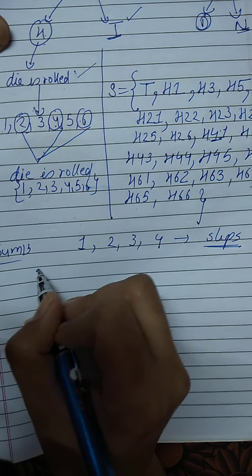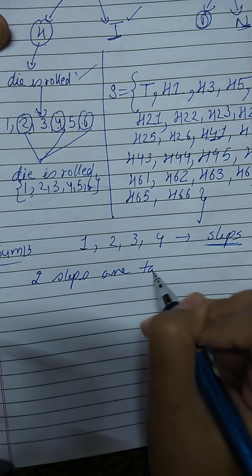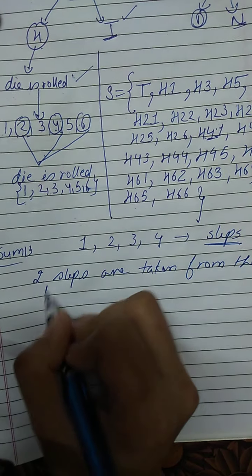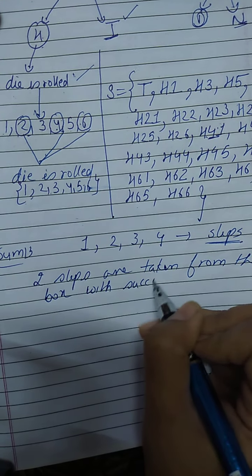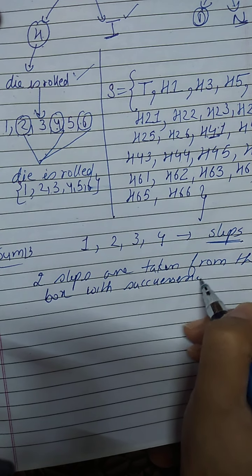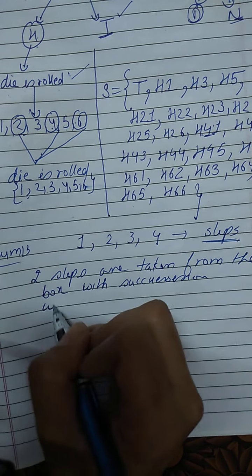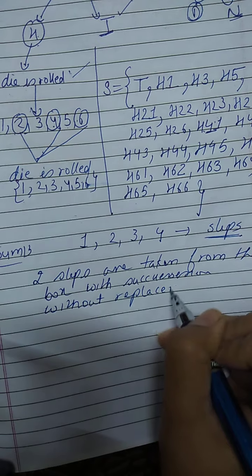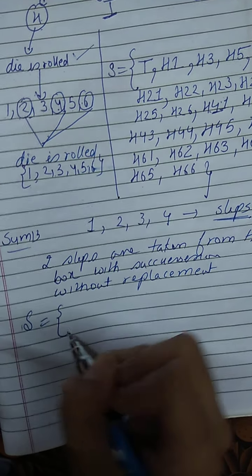So the 2 slips are taken from the box with succession, without replacement, and we have to write down the sample space. So what will be the sample space?